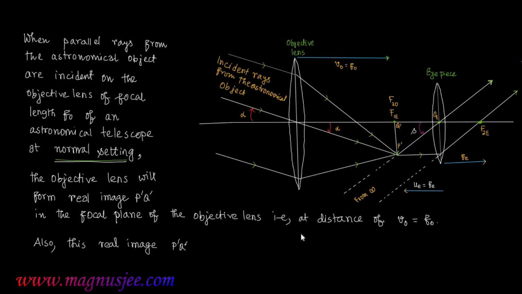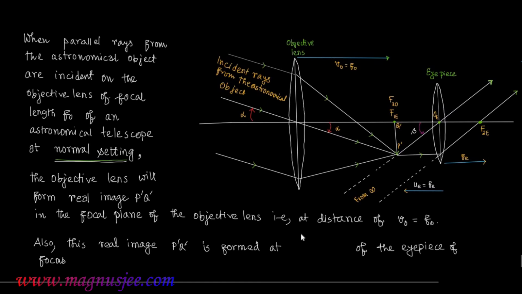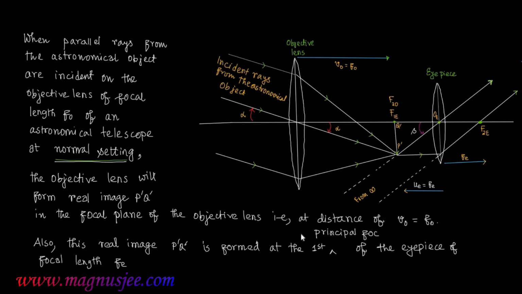Also, this real image P prime Q prime is formed at the first principal focus of the eyepiece of focal length Fe.